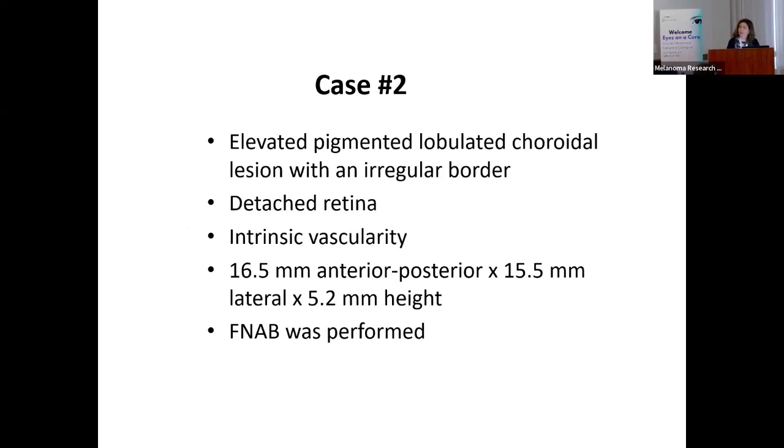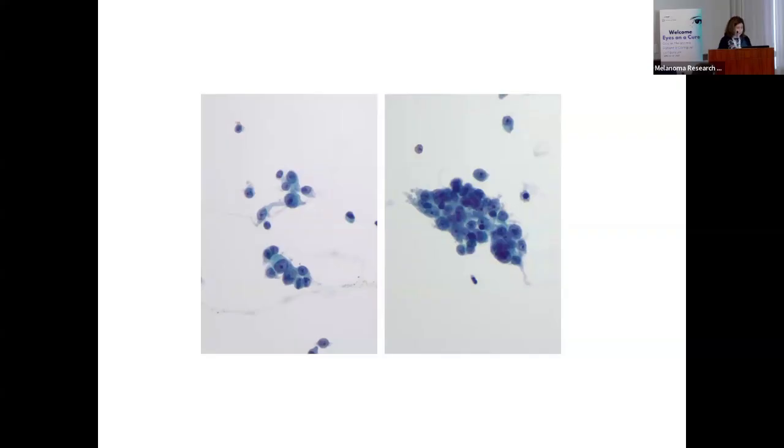There was a pigmented lesion visible in the eye with an irregular border, and he had a detached retina. This was the size, 16.5 millimeters in greatest dimension, and we performed a fine needle aspiration.